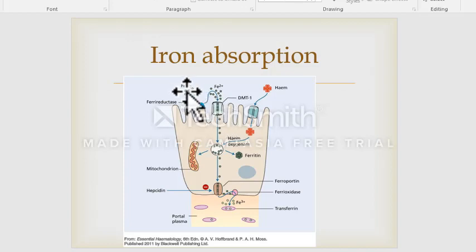In Fe3 form, which is known as ferric, iron is first reduced into Fe2. The enzyme which is responsible to reduce this Fe3 to ferrous form is known as ferric reductase enzyme, which is also known as cytochrome B. This Fe2 is then transported into the cells through this DMT1 transporter.